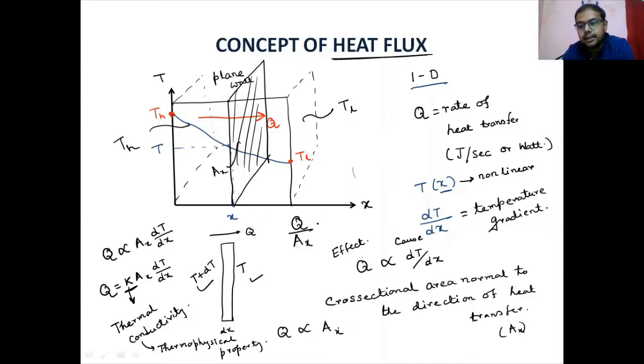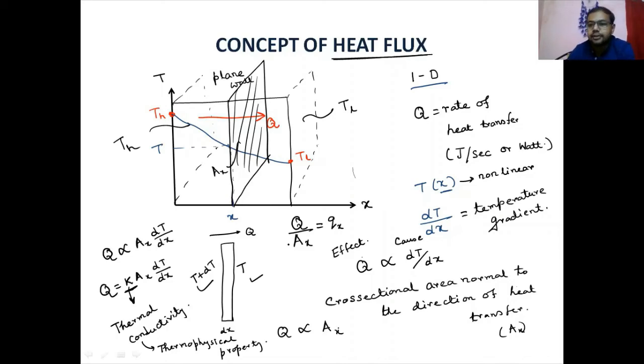That is the heat flux. So along the x direction, heat flux is Qx, the rate of heat transfer divided by the area normal to the heat transfer. So that is the concept of heat flux.